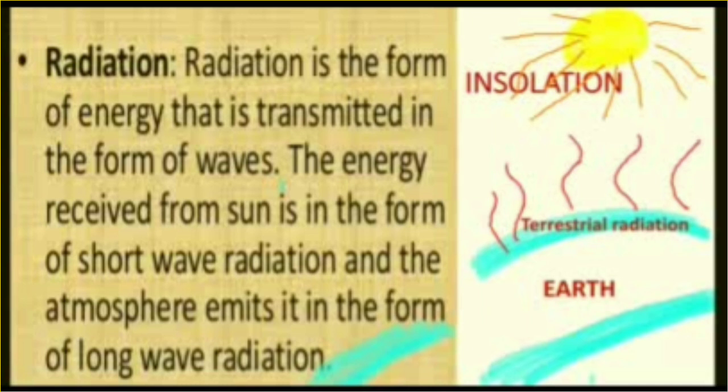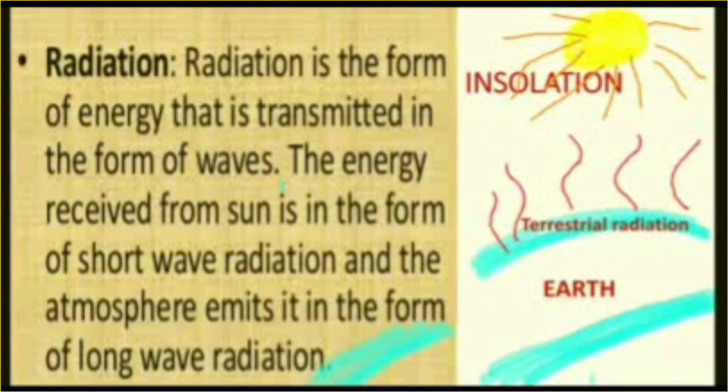During the day, the amount of heat received from the sun by insolation, the incoming solar radiation, exceeds the amount lost by the radiation. Lost by radiation means during the night, whatever radiation there has been, because of that the heat has been lost.